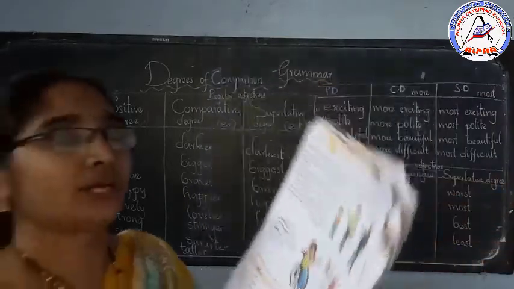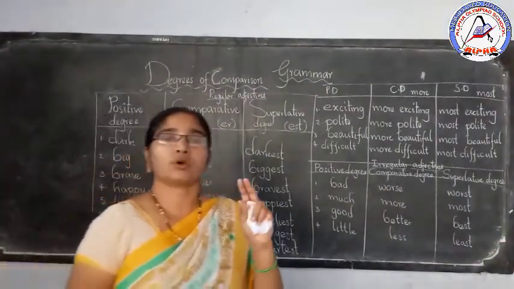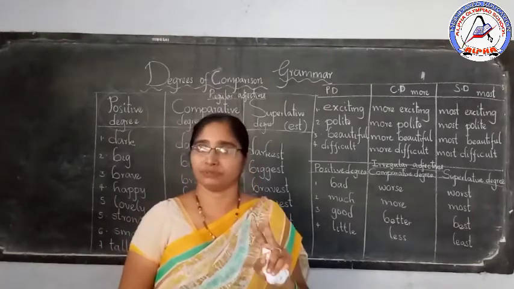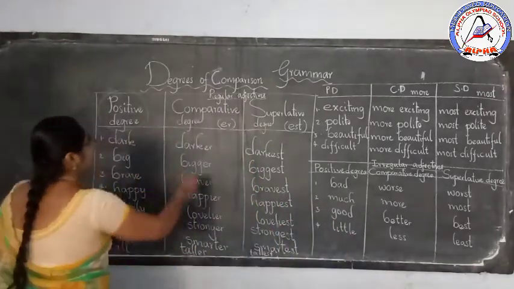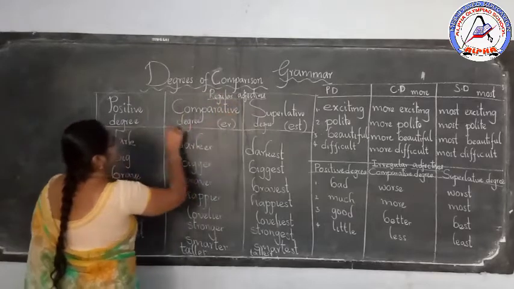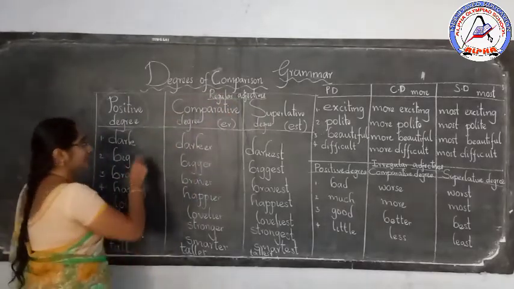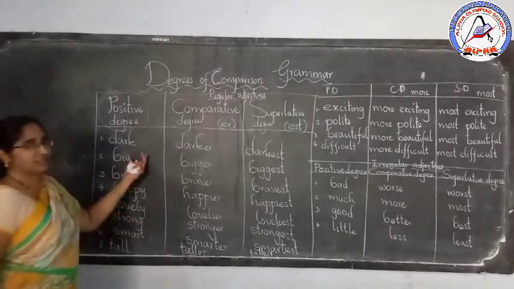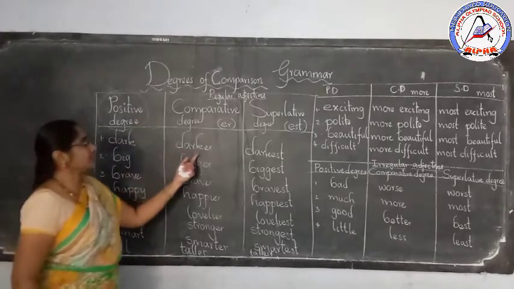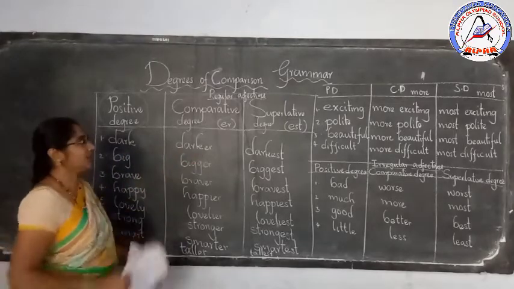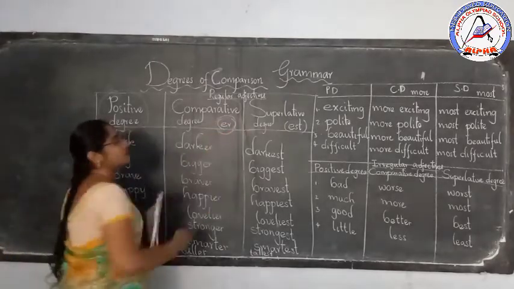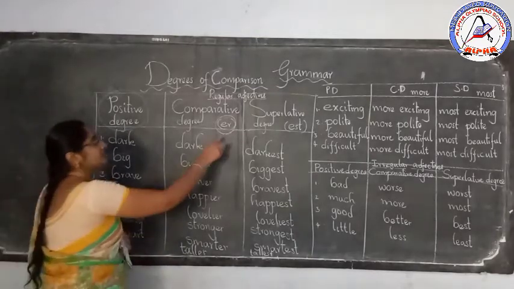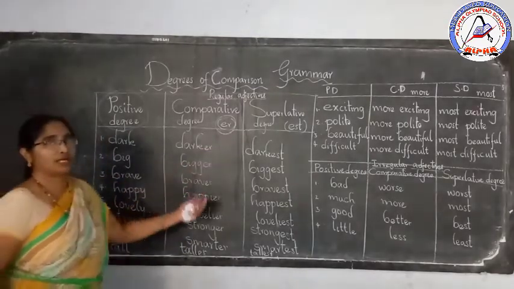When we are comparing two things or two people, we have to use the second form, the comparative degree. We have to add ER to the positive degree form. Dark will become darker. Tall will become taller.